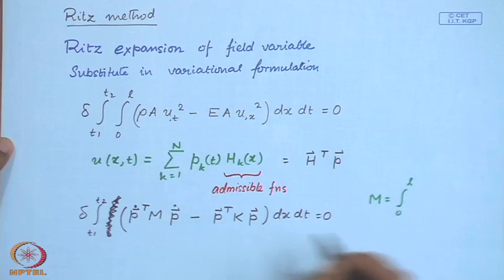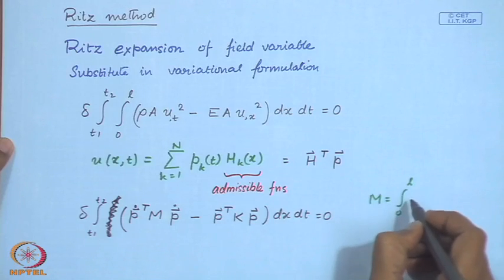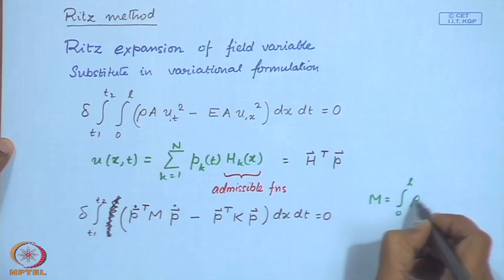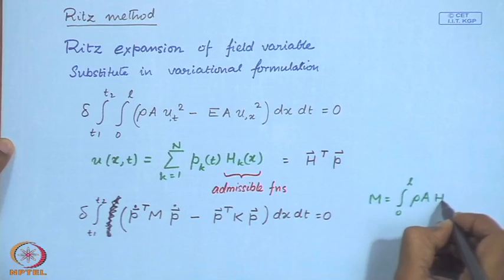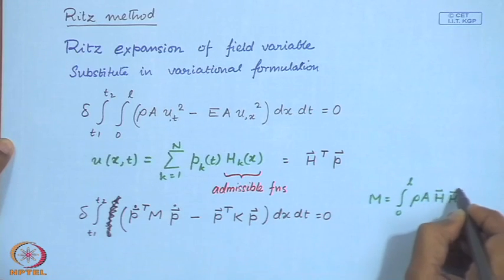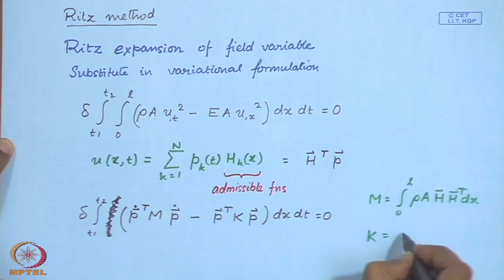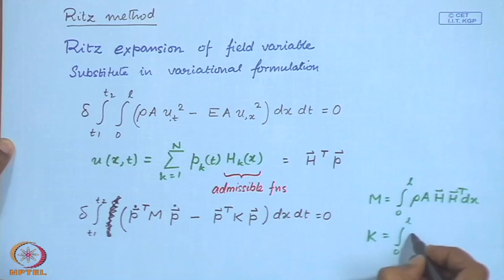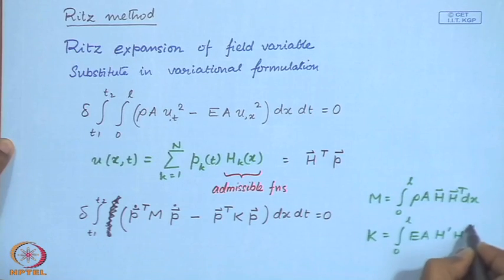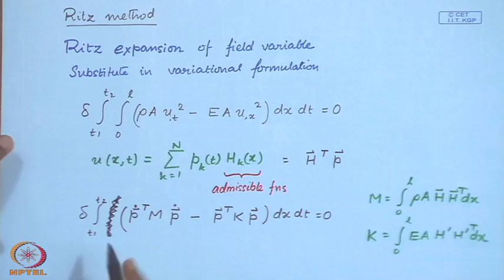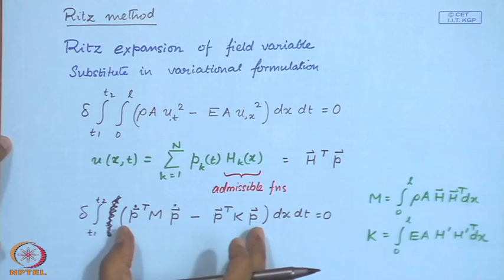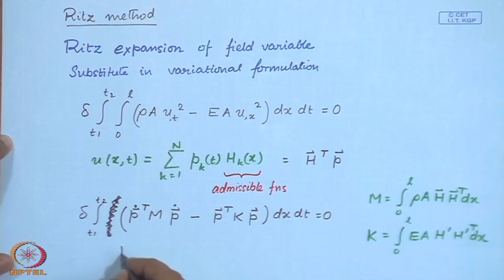So, here the matrices M and K are given by this expression, and this is now the Lagrangian of a discretized system, and the equations of motion can be immediately written.